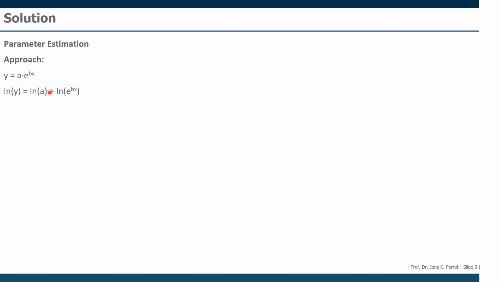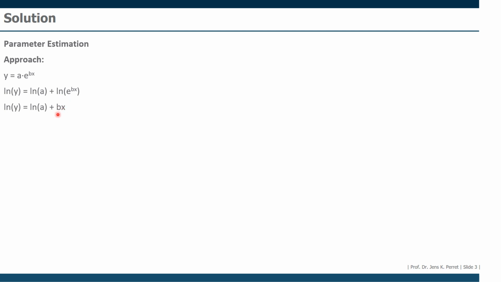Well, it's already a bit simpler. I already have like an intercept, but I still have this part. Here I can remember that the logarithm and the exponential function cancel each other out. So those two cancel each other out, leaving me simply with b times x.